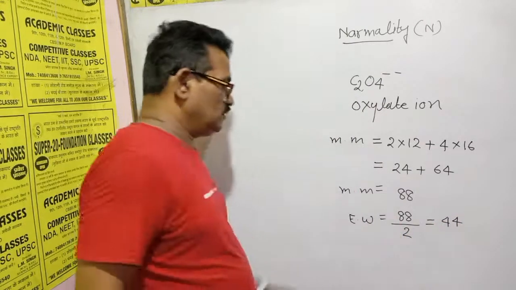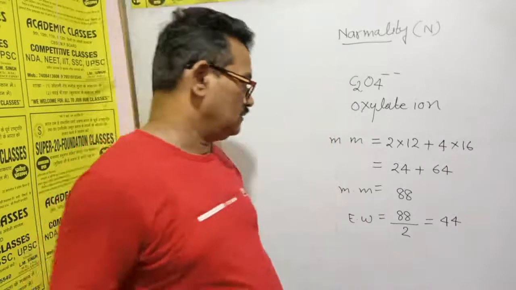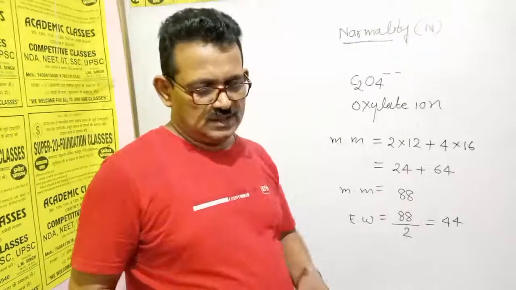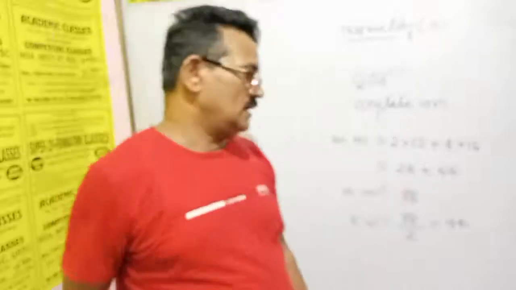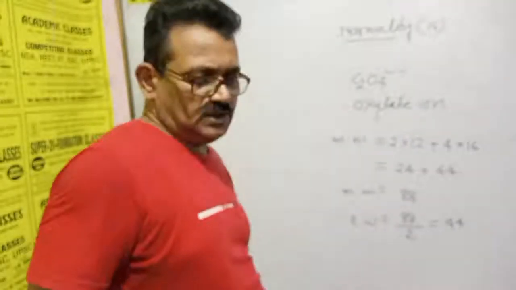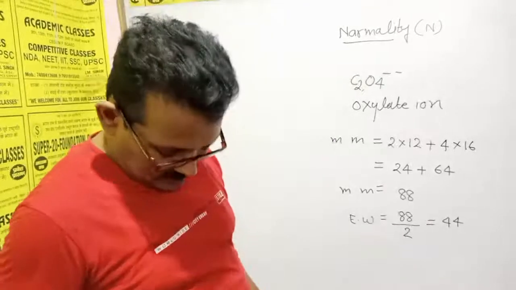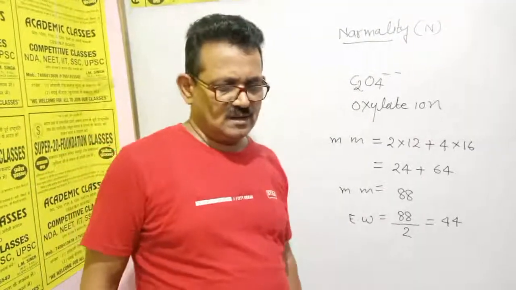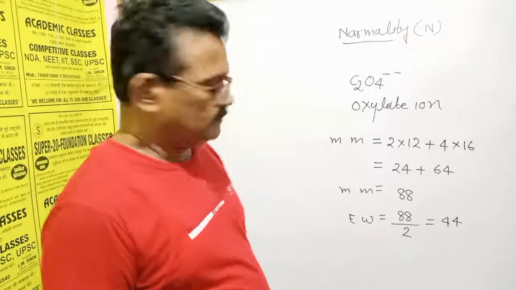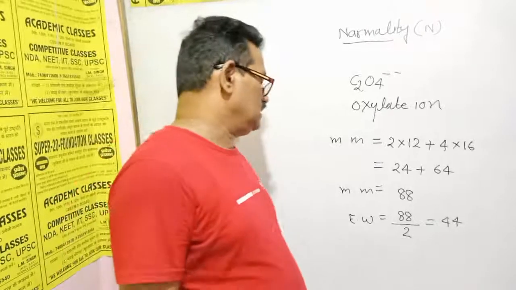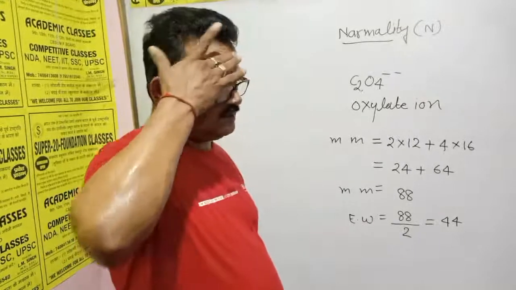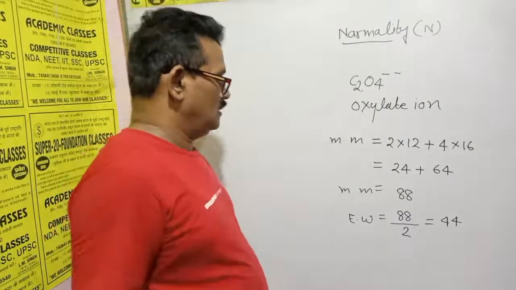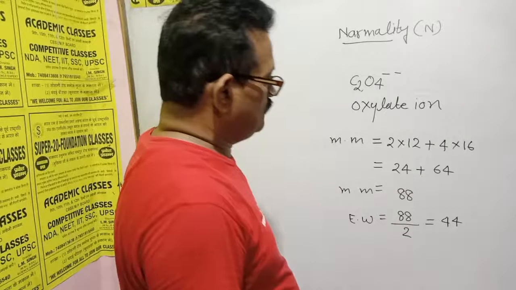The equivalent weight of oxalate ion is 44. Students, I gave 5 examples here, and you know how to calculate the equivalent mass of any compound or radical. Then I give another example here.